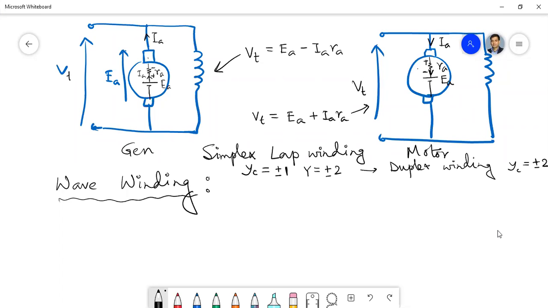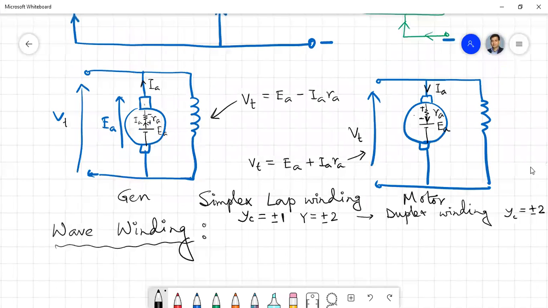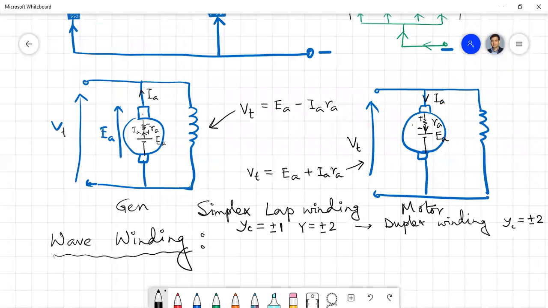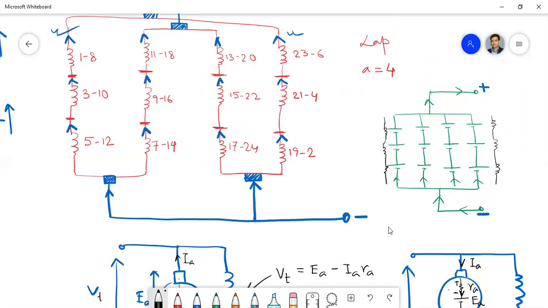Like here, if you observe carefully, consider this first parallel path, that is 1, 8, 3, 10, and 5, 12. This is a particular parallel path, under a particular pole face.